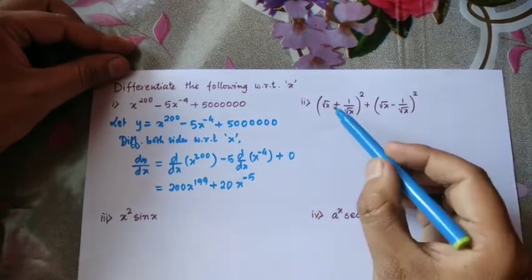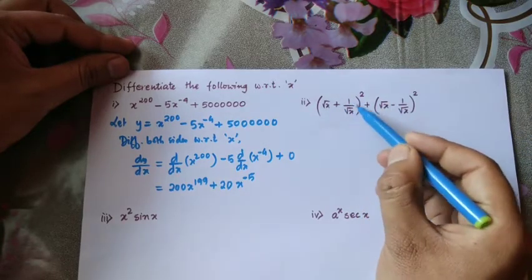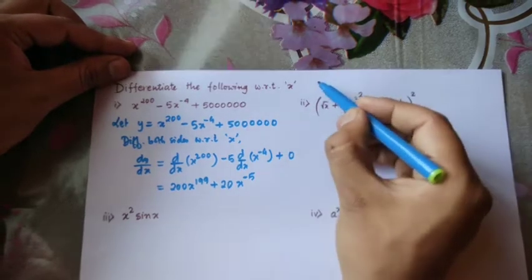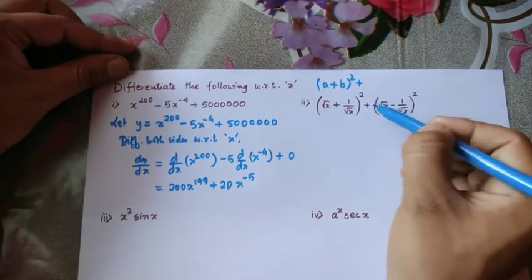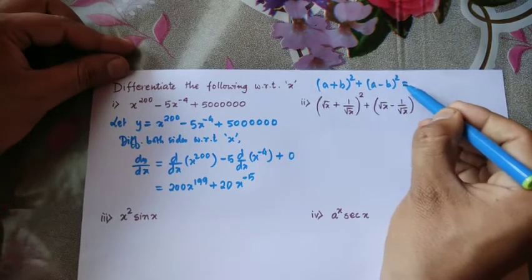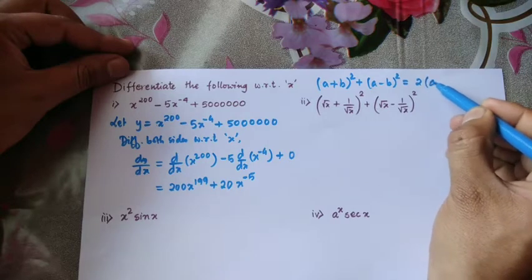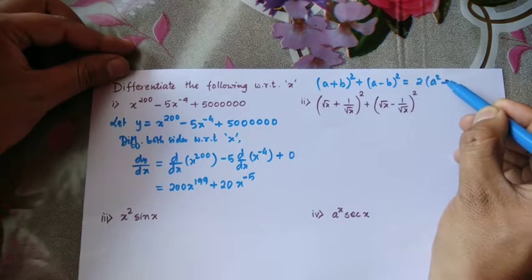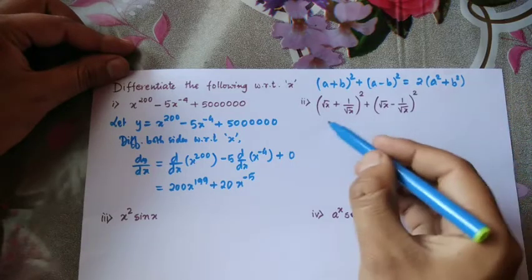But here if I call root x as a and this as b, then this looks like a plus b whole square plus a minus b whole square, and we have a direct formula for this, which equals 2 into a square plus b square. So this is the direct formula. Let me apply this formula.